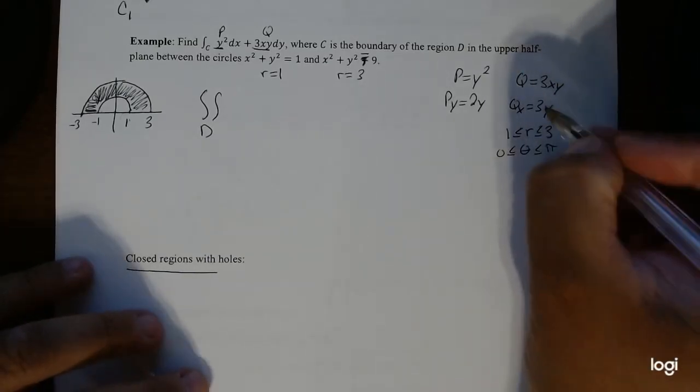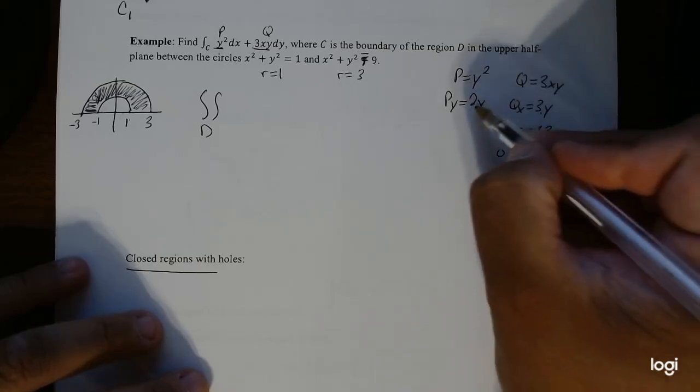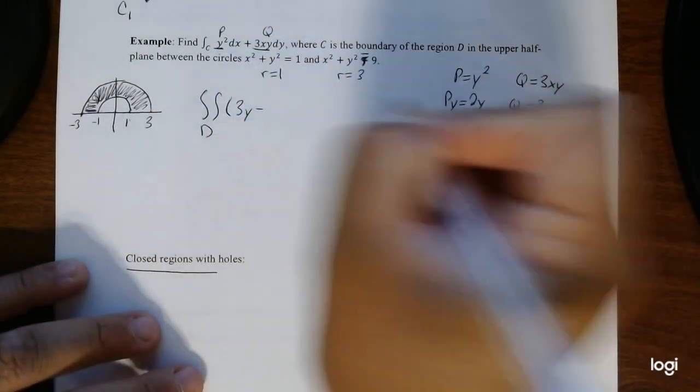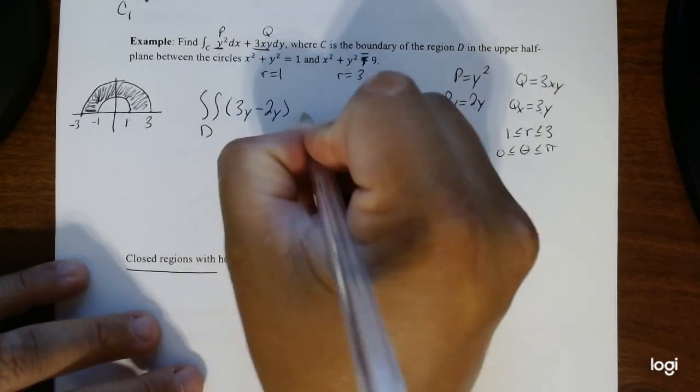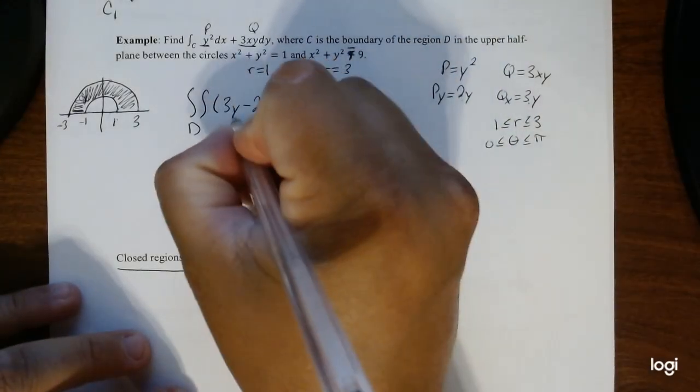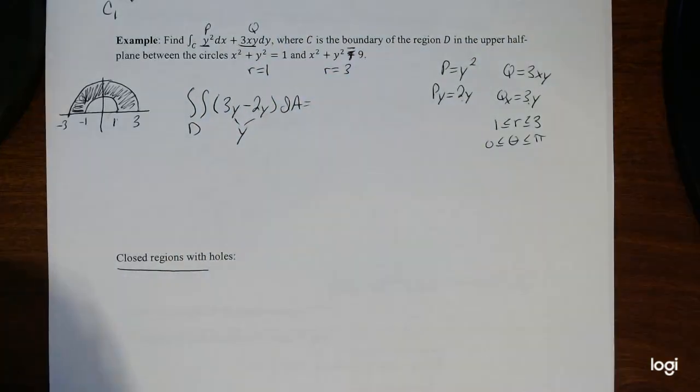All right, so it's going to be this minus that, dA. There you go. That's our equation. Which is nice because that just ends up being, in this case, y.